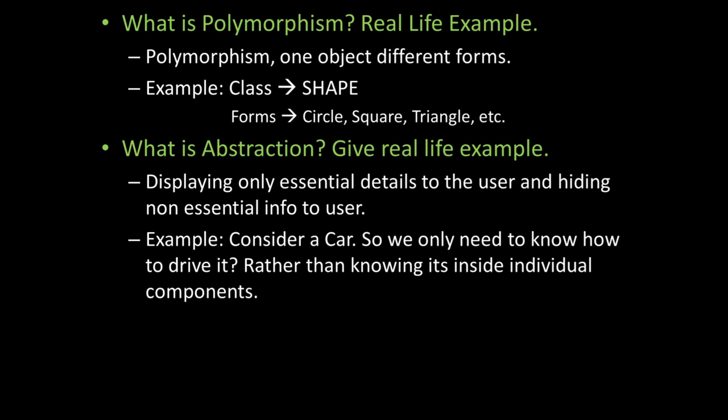You just have to know how to drive a car, how to go front, back, and how to take a reverse. That's all you need. This concept belongs to abstraction, that is, only knowing the essential things with no need for non-essential things, and they are hidden from the users.